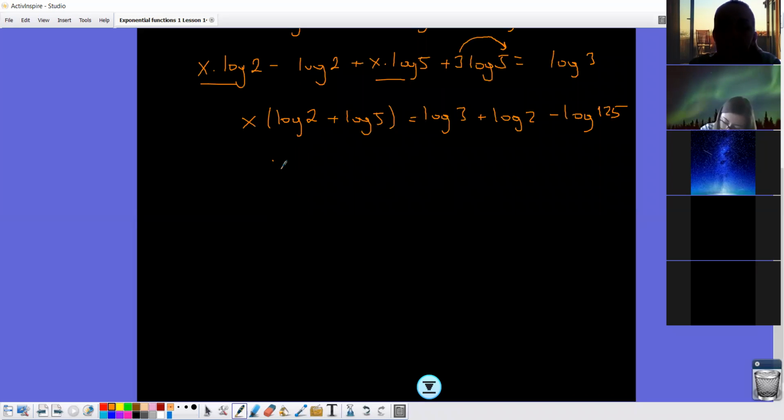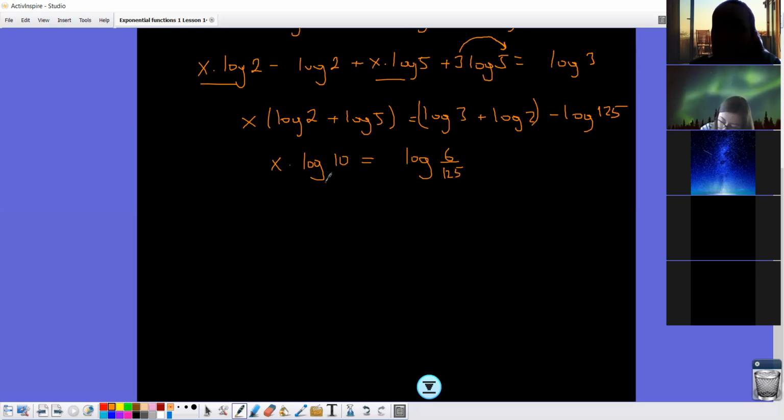And here we have x times logarithm of 2 times 5, which is 10. Wow, look what we got. We have got logarithm of 10 here, and logarithm of 6 over 125. These two we multiply, 3 times 2, and because here I have subtraction, I'm dividing.